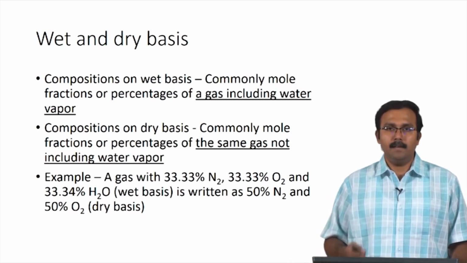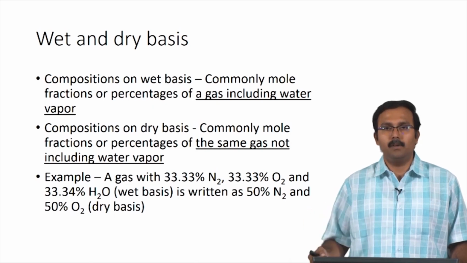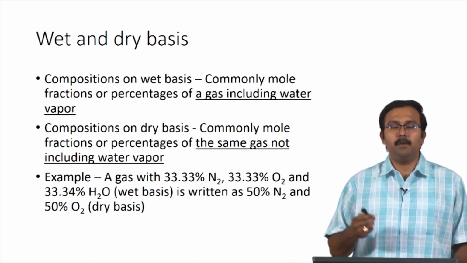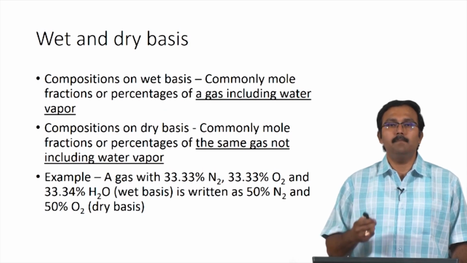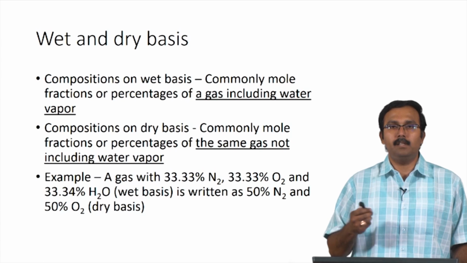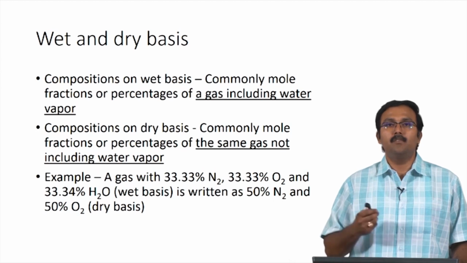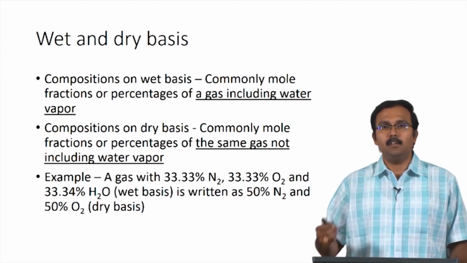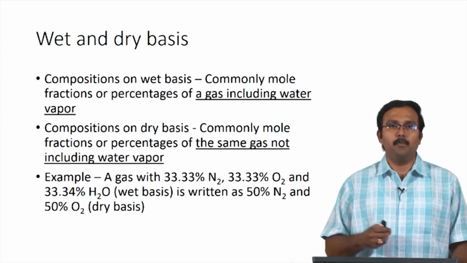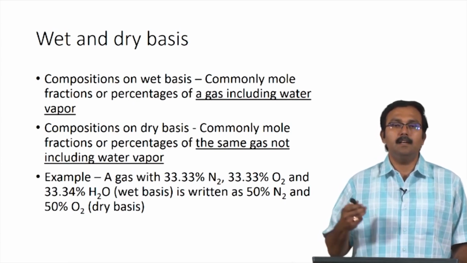So, when we calculate dry basis, we ignore the 33.34 moles of water vapor and we perform the composition calculations only based on the amount of nitrogen and oxygen, which would be 33.33 moles each. This would result in 33.33 divided by 66.66 for both nitrogen and oxygen, giving you mole fractions of 0.5 or mole percentages of 50%, which is the dry basis.